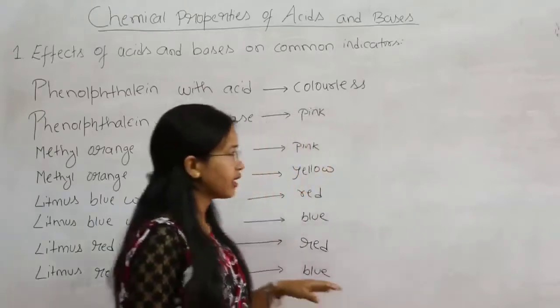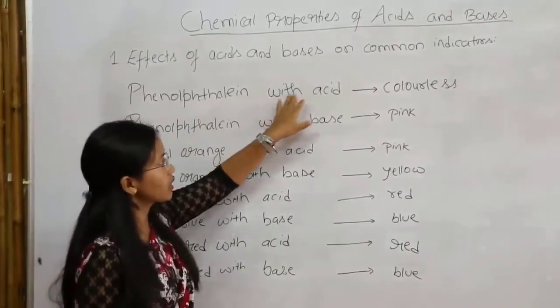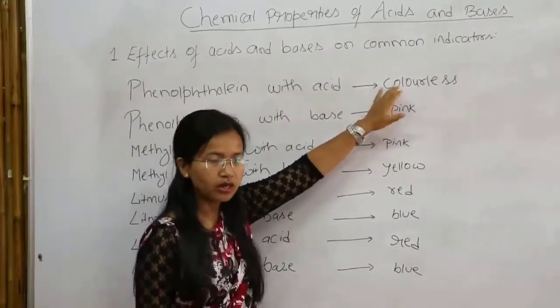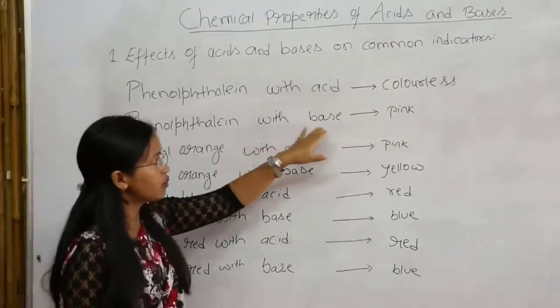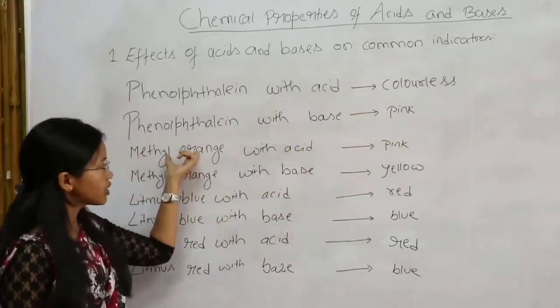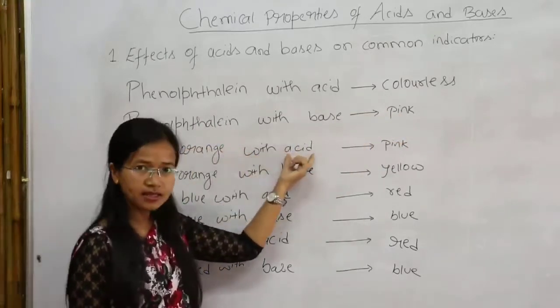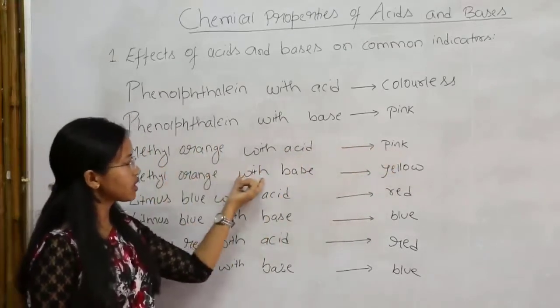To recall again, phenolphthalein turns colorless with an acid and pink with a base. Methyl orange turns pink with an acid and yellow with a base.